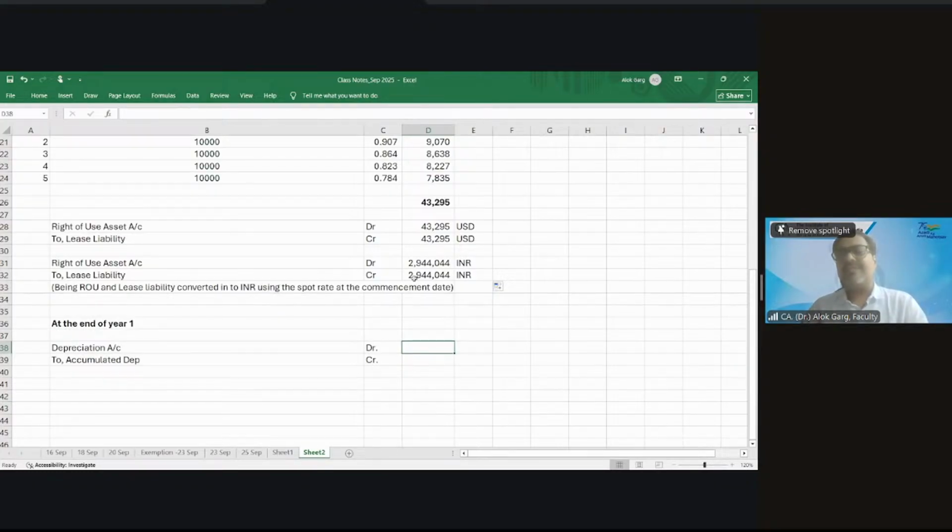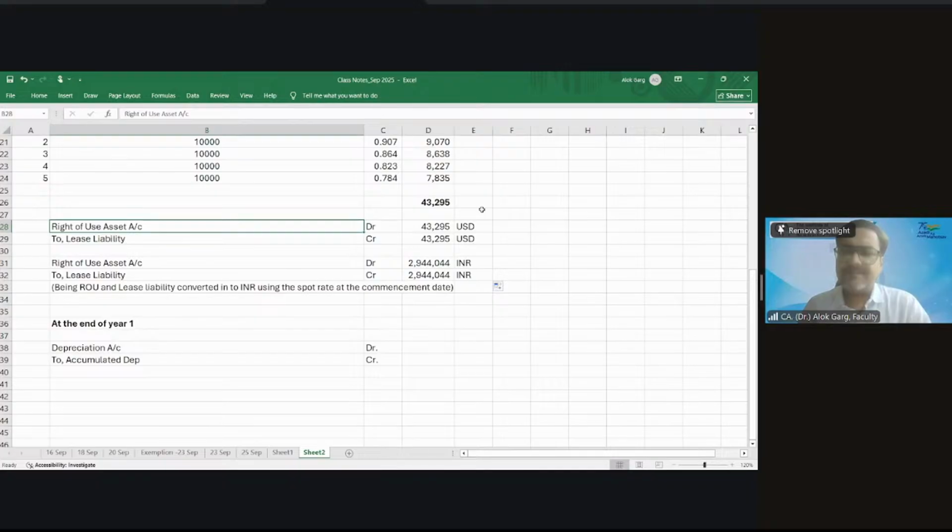So in this case, tell me one thing. Right of use asset, is it a monetary item or non-monetary item? Non-monetary item. Lease liability, is it a monetary item or non-monetary item? It's a monetary item, because you have to pay. You know that I have to pay 10,000 US dollars.